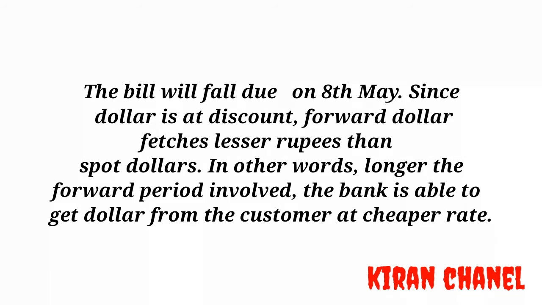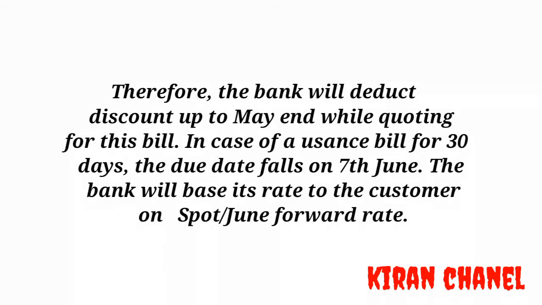Since the dollar is at discount, the forward dollar fetches fewer rupees than the spot dollar. In other words, the longer the forward period involved, the bank is able to get dollars from the customer at a cheaper rate. Therefore, the bank will deduct discount up to May while quoting for this bill. In case of a usance bill for 30 days, the due date falls on 7th June.